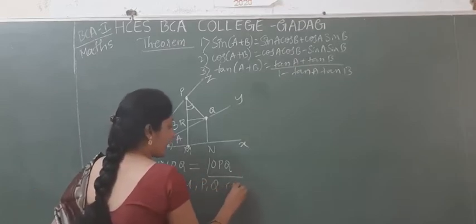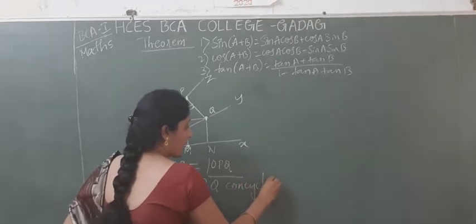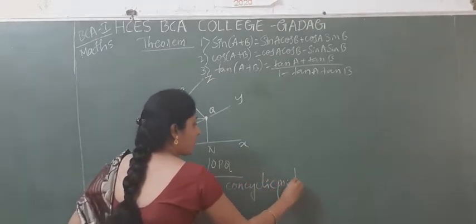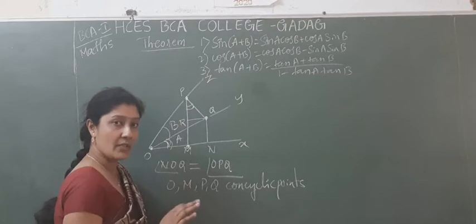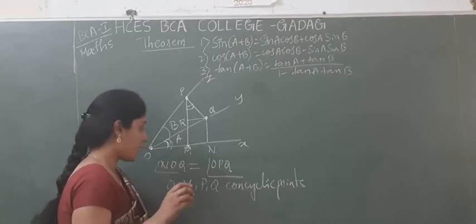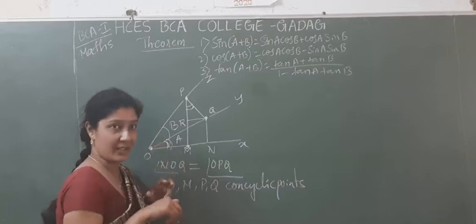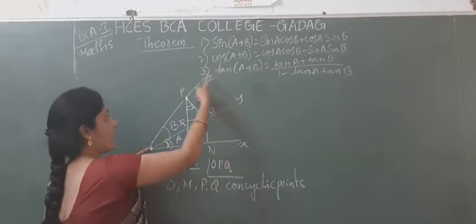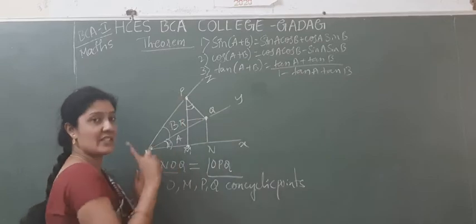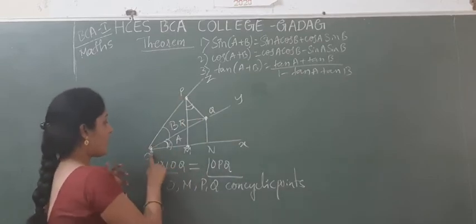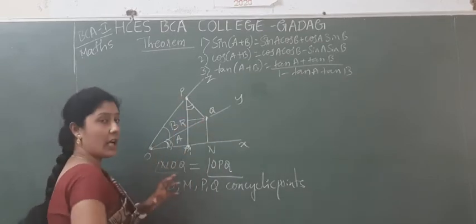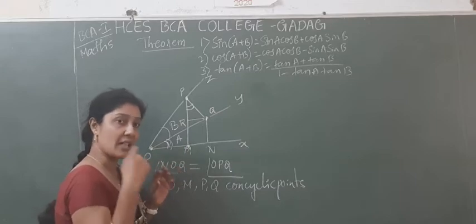OMPQ are concyclic points. What do you mean by concyclic points? Concyclic points means points which are lying on the same circle, because as this rotates it can complete one circle. Therefore the points O, M, P, Q are lying on the same circle.